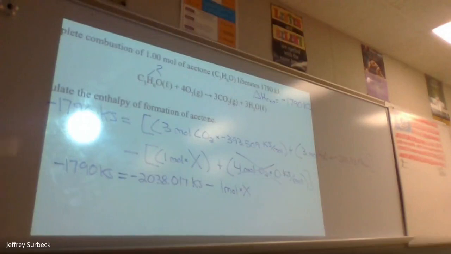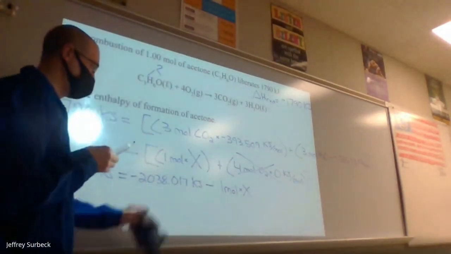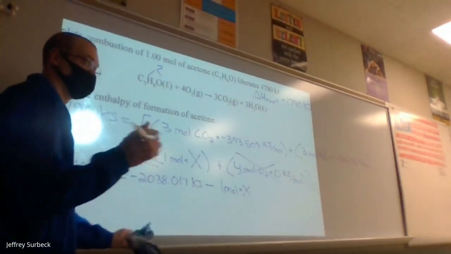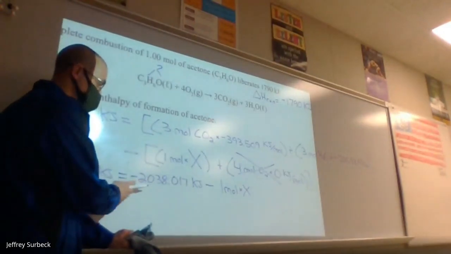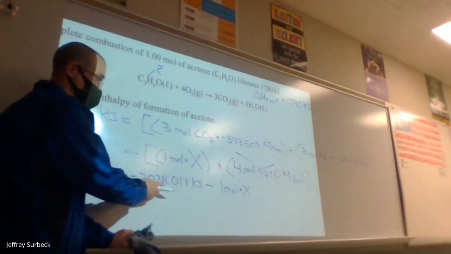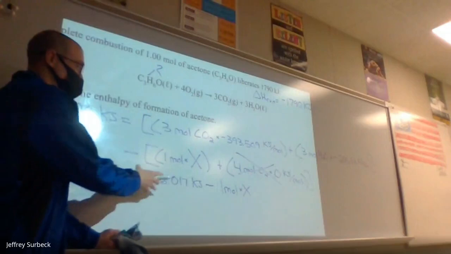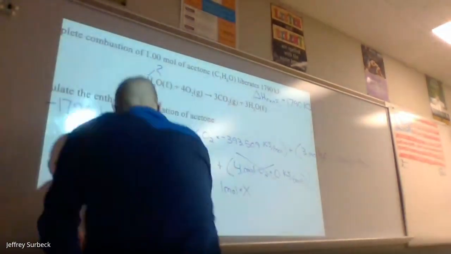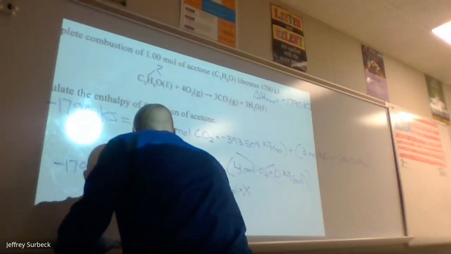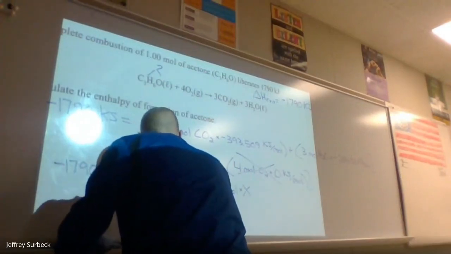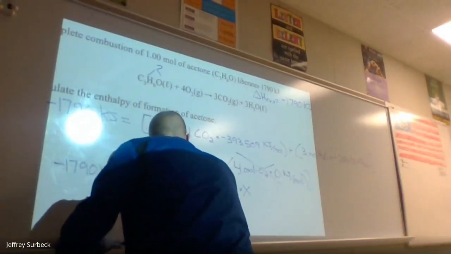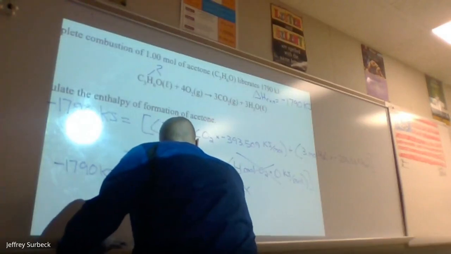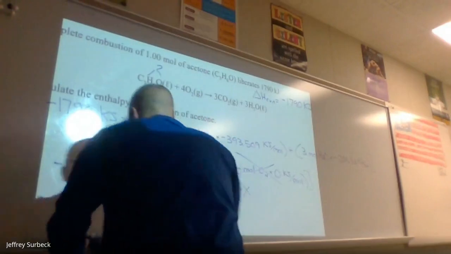Now it comes down to some algebra. I like to have my numbers on one side. So this is a negative 2,038. What do I need to do to get rid of it on this right-hand side? Add it. Perfect. So I'm going to add 2,038 kilojoules to both sides.